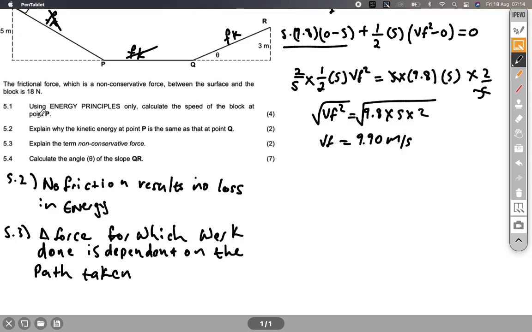Okay, so this is the definition of a non-conservative force. Okay, and then 5.4, calculate the angle of the slope.